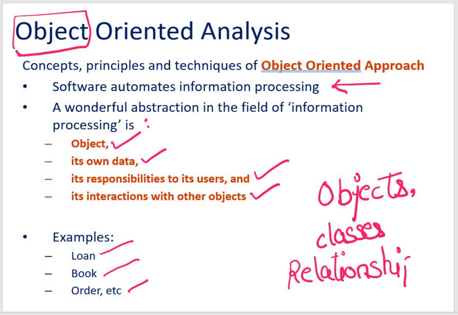So I need to look for the relationships as well. It also identifies the main attributes and operations that characterize each class. So the process of object modeling can be visualized as: identify the objects, identify the relationships, come up with the diagram, define the attributes, define the operations, and you are good to go.